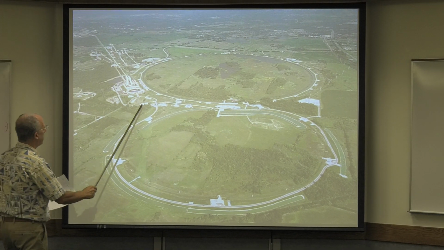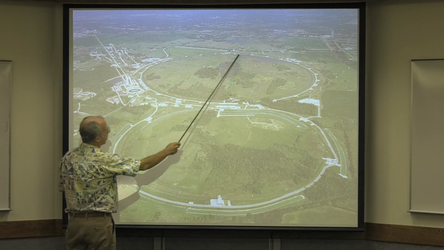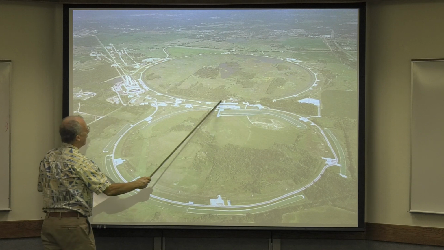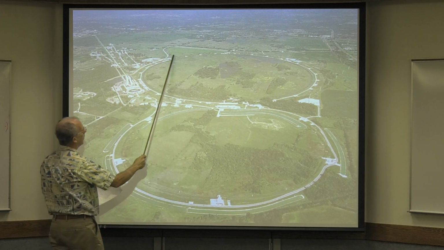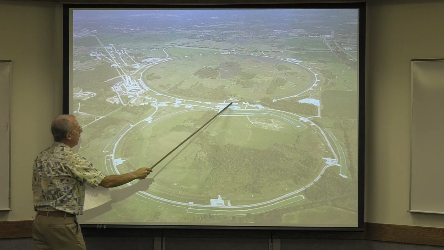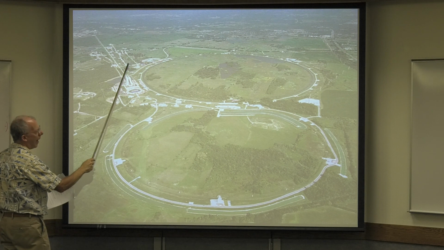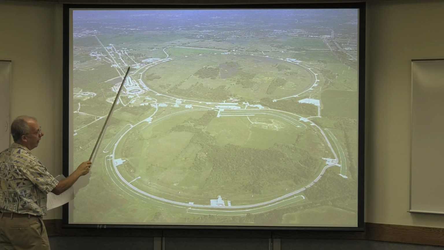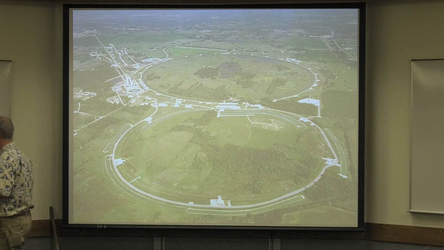This is 4 miles in circumference. There are magnets inside this, and the protons go faster and faster. The magnets keep them going in a circle. Then the protons are extracted, and they come out here and smash into a stationary target. That's one way Fermilab is used. I'll talk about another way in a couple of minutes.